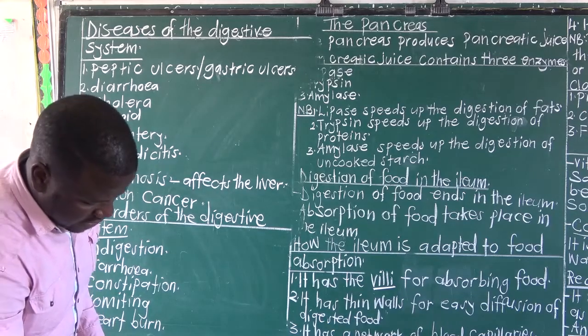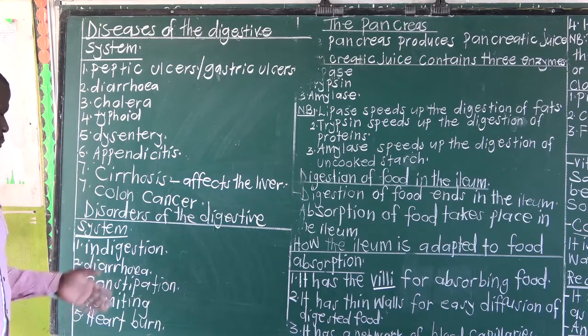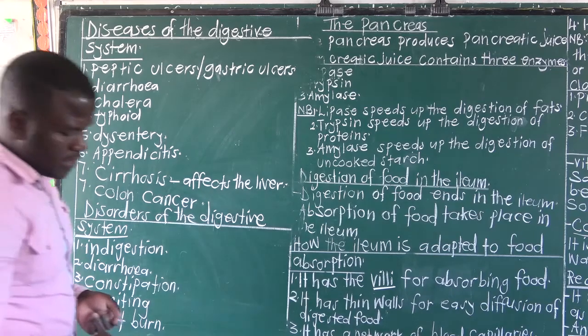Then we look at how one can prevent constipation. Constipation can be prevented by eating food rich in roughages. Indigestion can be prevented by chewing food properly before swallowing.